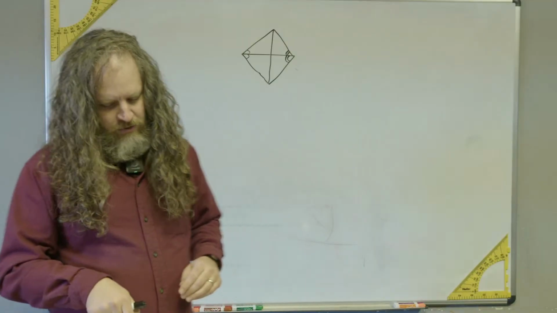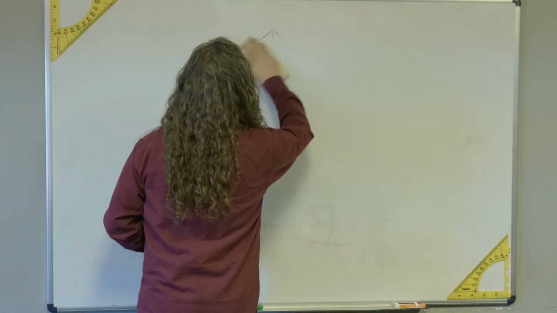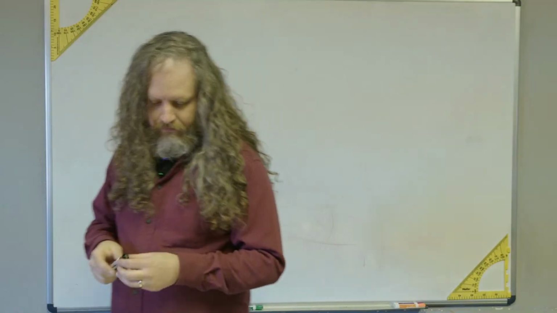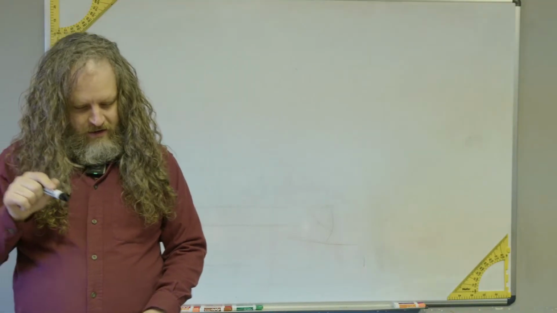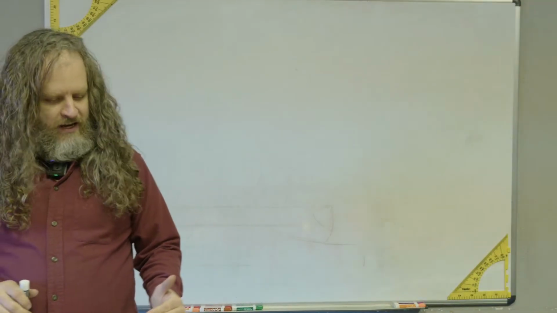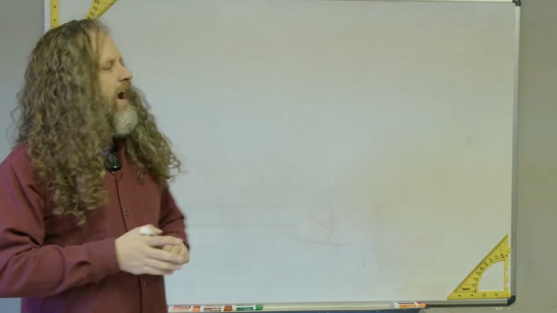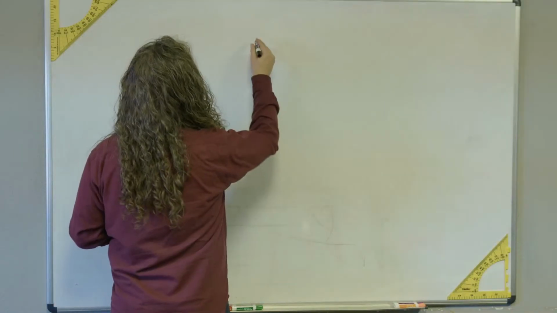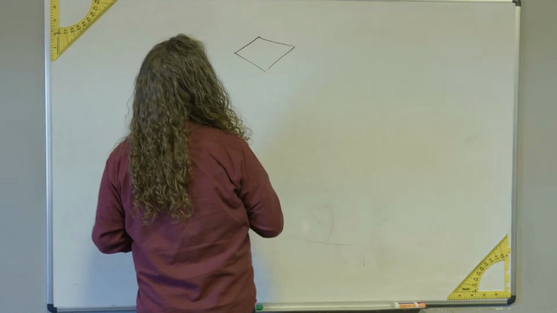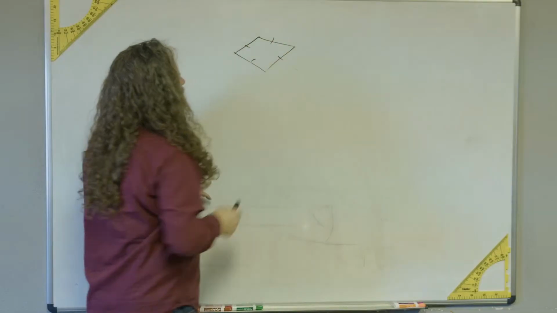So the last couple are kind of new. Those two are just the converses of the other ones that we had before. Theorem 619 says if one pair of consecutive sides of a parallelogram are congruent, then it's a rhombus, which is nice because if we know it's a parallelogram, then the definition of a rhombus says that they're all congruent, right?